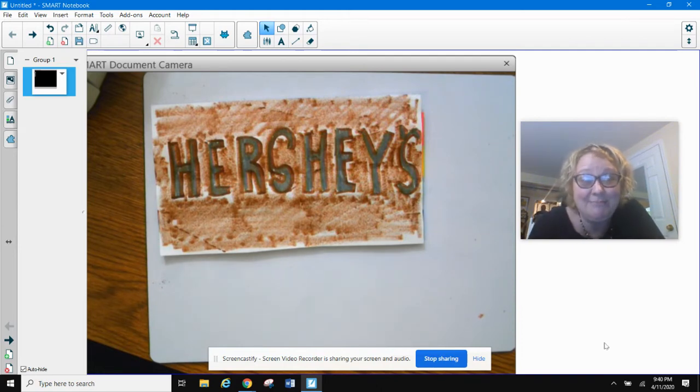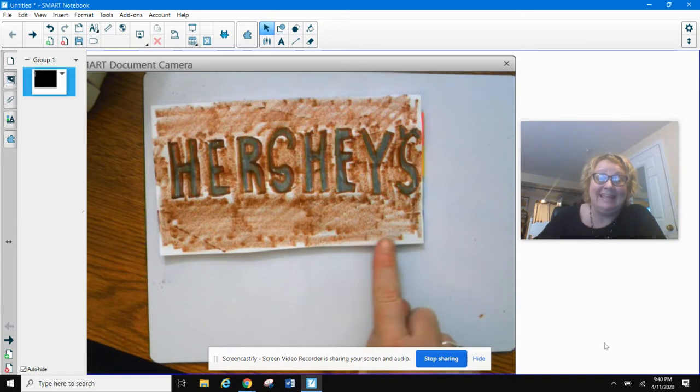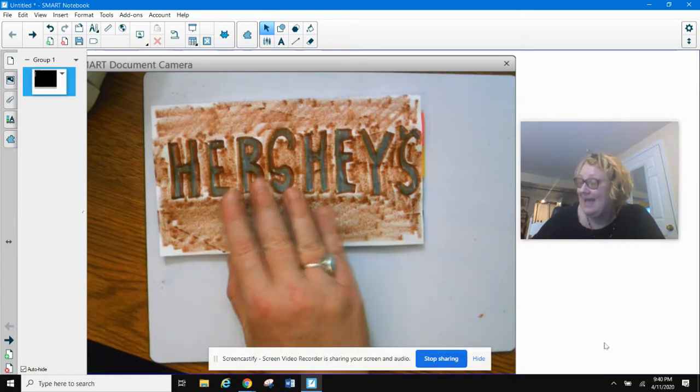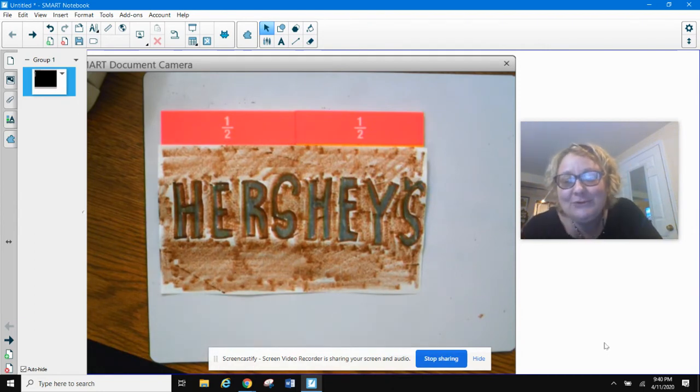I've cut different parts of the chocolate bar up into different size pieces. All of the chocolate bars are going to be the same length, but I cut them up into different kinds of parts. The first strip of chocolate bar I'm going to give to Michaela, and I cut it up into halves. And I said, Michaela, you get a half of the chocolate bar.